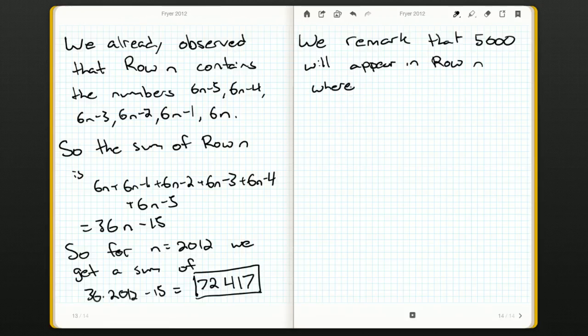Whatever row number you're in, that row's largest number is 6 times n.